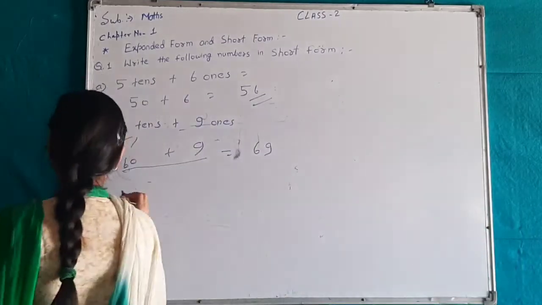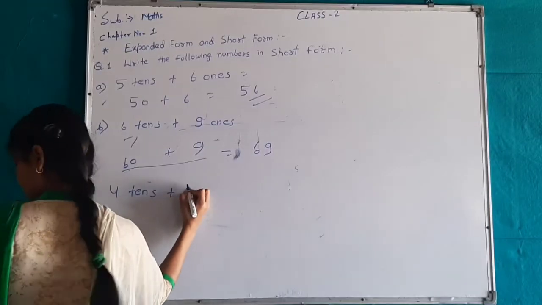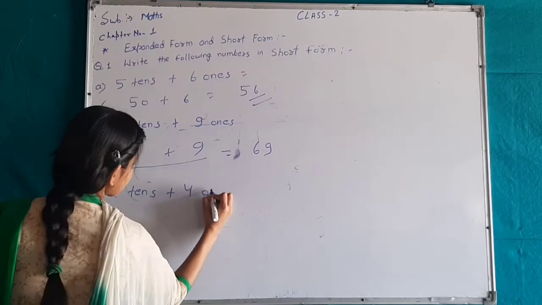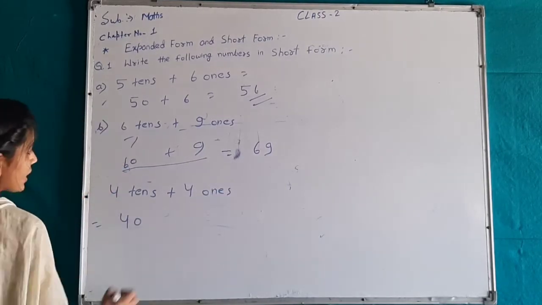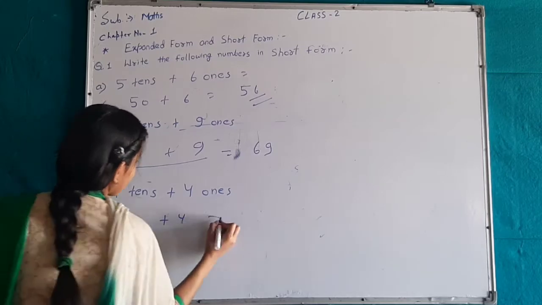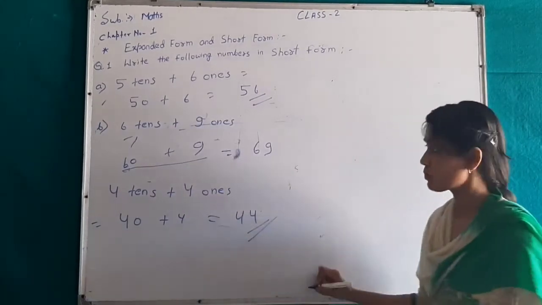Same question, 44. 4 tens plus 4 ones is equal to 40 plus 4. We get 44. 44 is our short form.